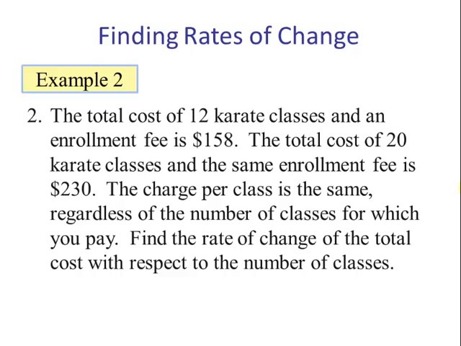Find the rate of change of the total cost with respect to the number of classes. We're looking at the total cost and the number of classes. Since we know the charge per class is the same, that tells us that the rate of change is constant. It's the same. So we can figure out what this rate of change is.